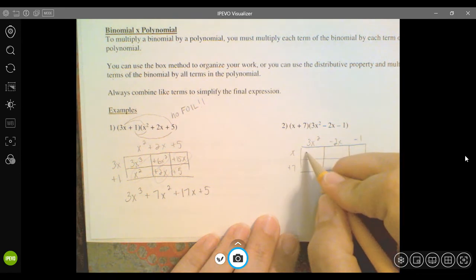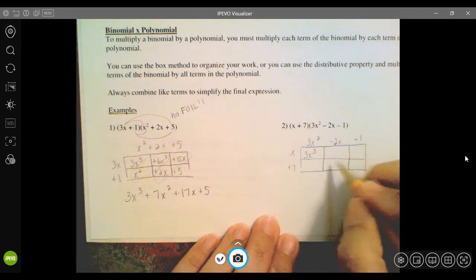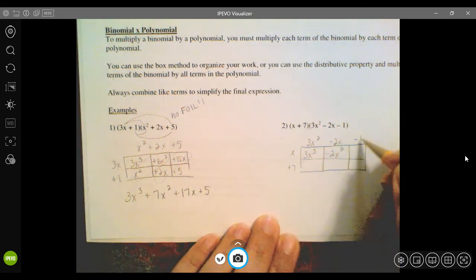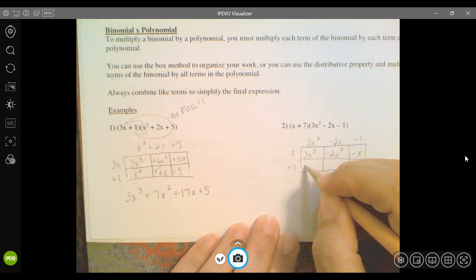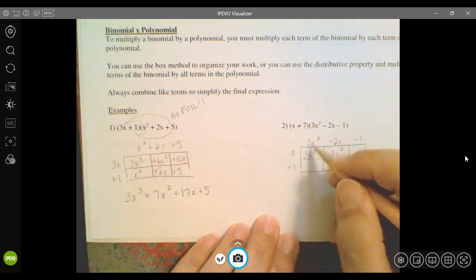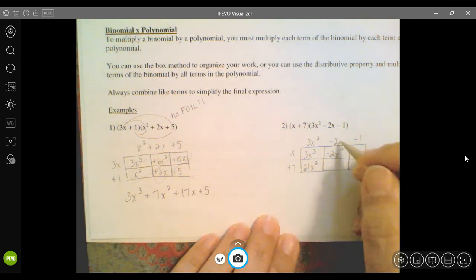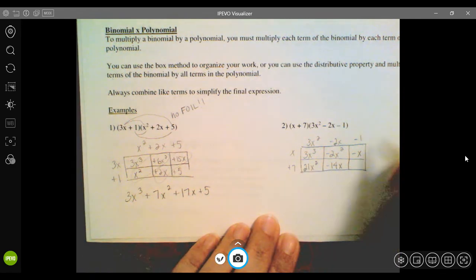So x times 3x squared is 3x cubed. X times negative 2x is negative 2x squared. X times negative 1 is negative x. 7 times 3x squared is 21x squared. 7 times negative 2x is negative 14x. 7 times negative 1 is negative 7.